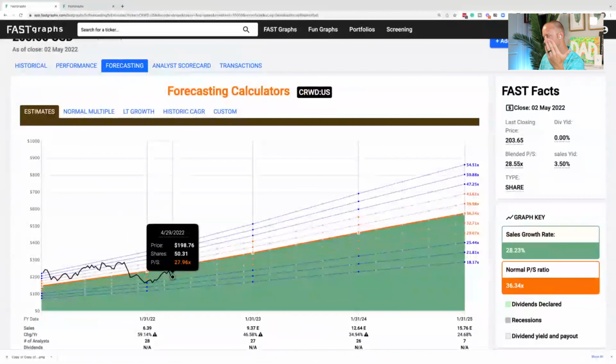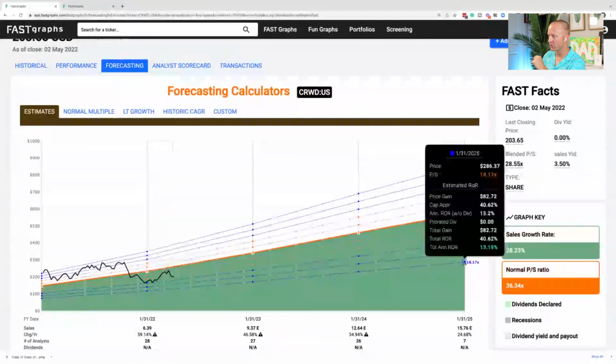The best we have with this is it just gives us the aim points of, at a low in January 2025, a price to sales ratio of 18. I'm comfortable with that. There's people out there that think nothing should be valued over a price to sales ratio of 10.